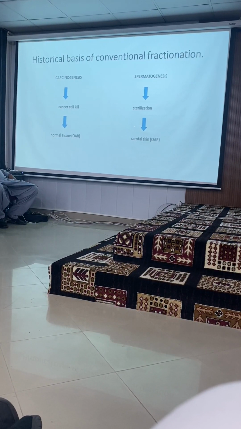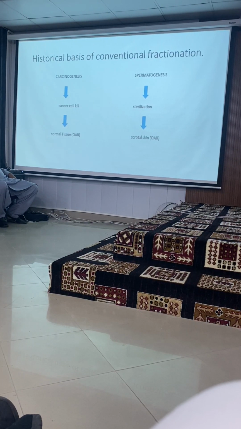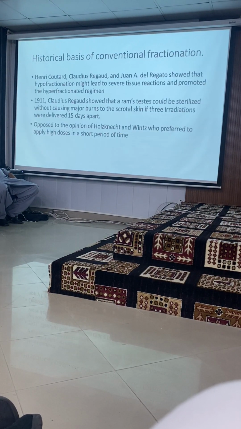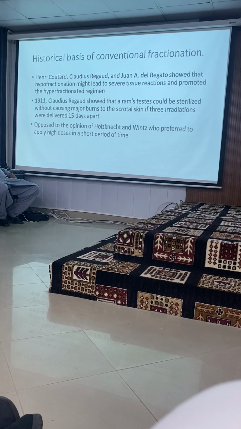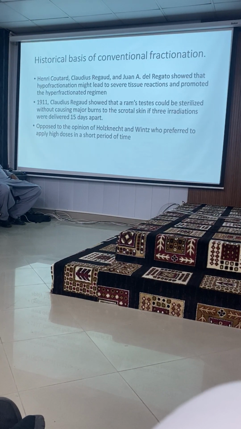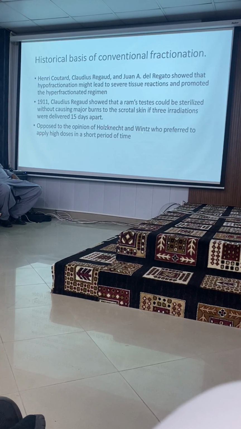And after doing experiments on different animals, rams, rabbits, the dose he was able to come up with was 2 gray. And this is the conventional dose we've been using for the last few years. So this was the French school of thought, Henri Coutard, Claudius Regaud, and it showed that a ram's testis could be sterilized without causing major burns to the scrotal skin, which was opposite to the German school of thought.